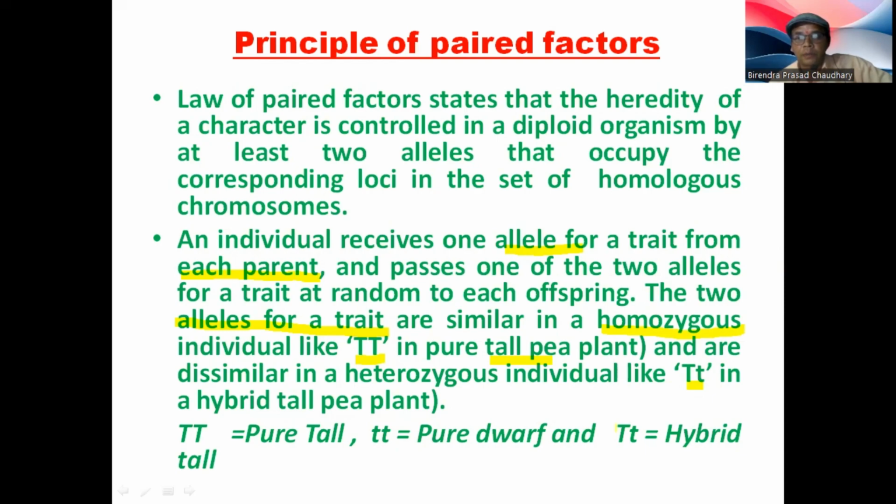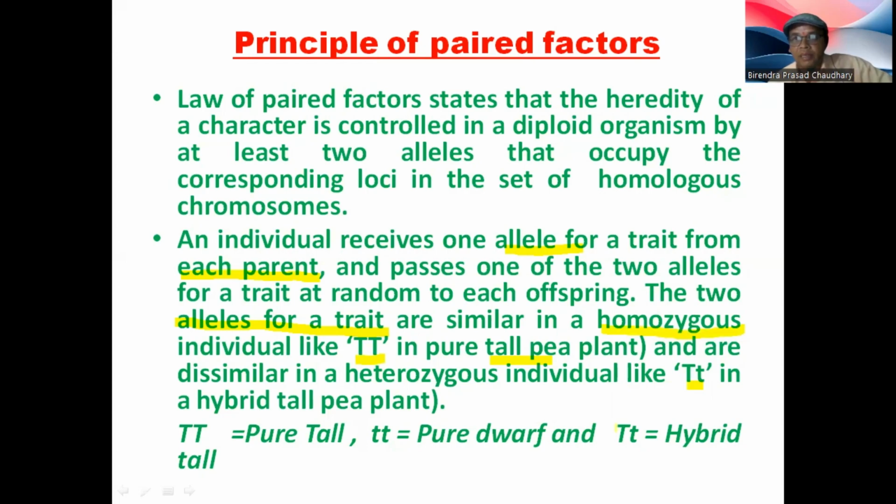So the heterozygous condition represents the presence of dissimilar alleles, whereas the homozygous condition represents the presence of similar alleles. Capital T represents tallness, whereas small t represents dwarfness.